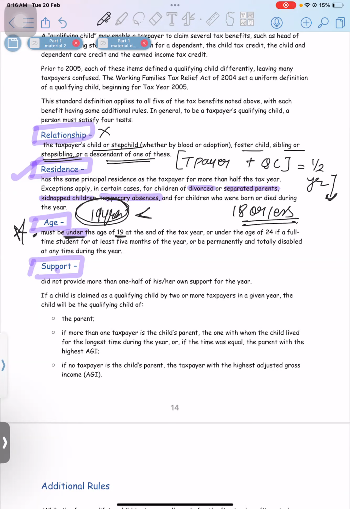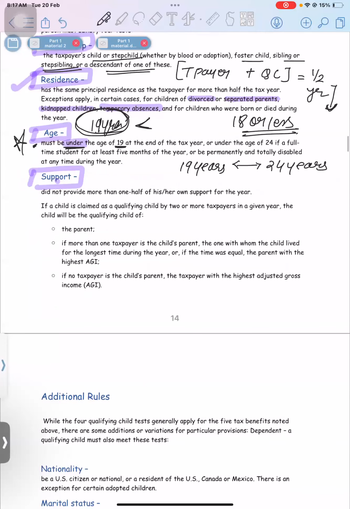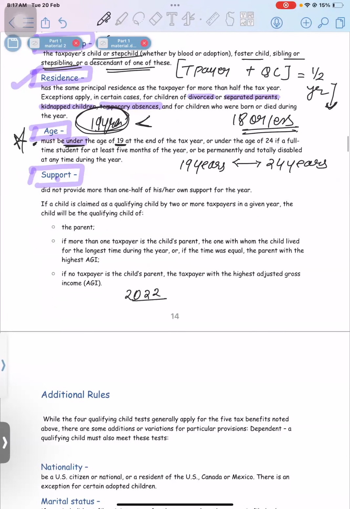Or even if the person is 19 years, there is one more criterion. Till the age of 24, you can claim him or her as a qualifying child. 18 years and 6 months, that is above 18. The birth date should be seen. Let's say for the 2022 tax year, we are checking the filing status and the qualifying child status.